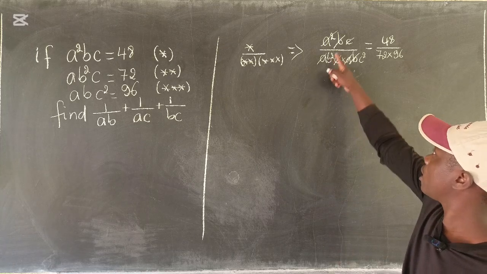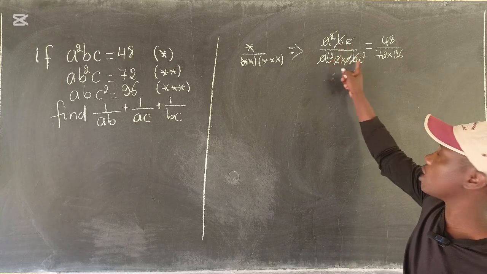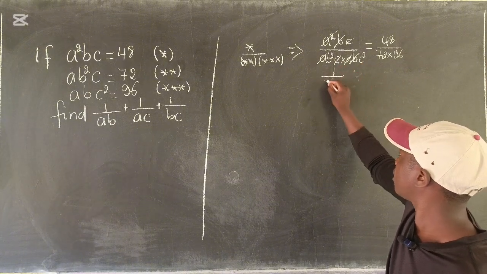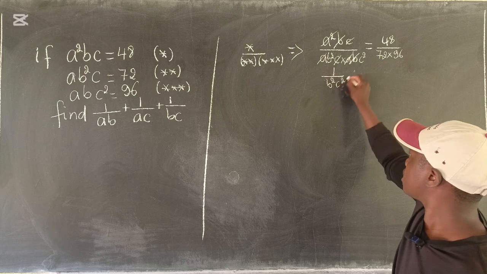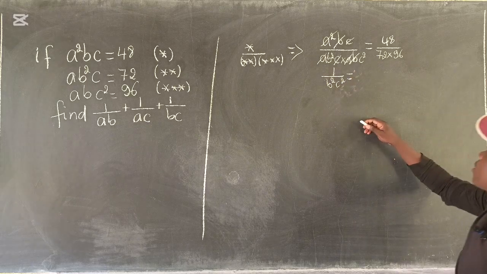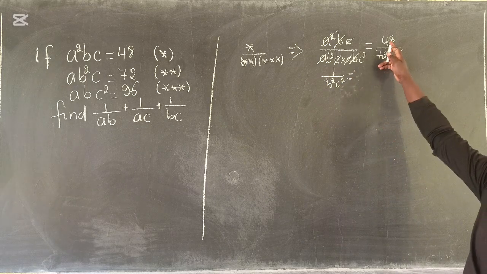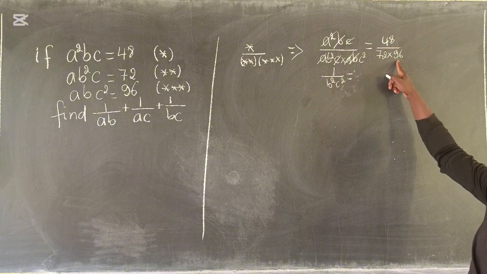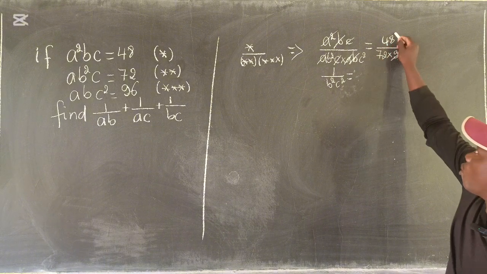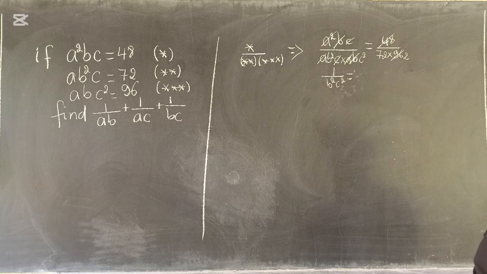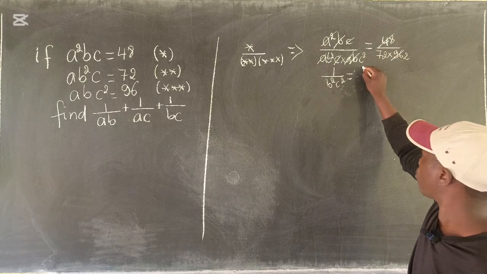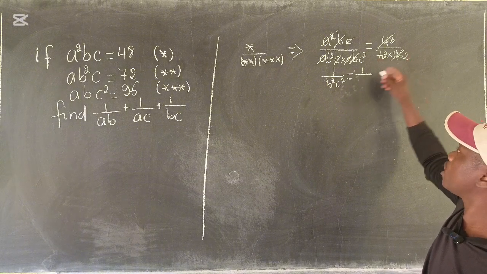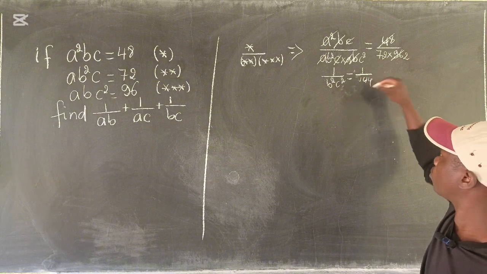I will remain with the reciprocal of b squared times c squared. Here is 1 over b squared c squared, which is, simplify 48 and 96 to give 2 on the denominator. That's why I have 1 over 72 times 2. This is 144.